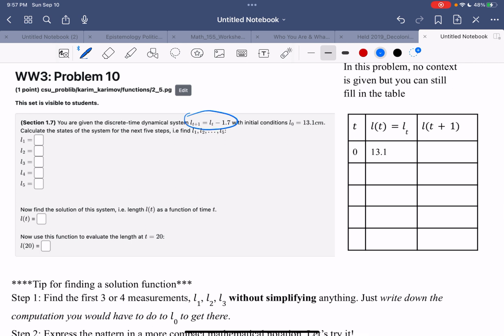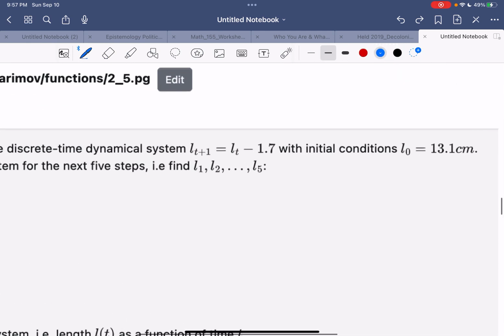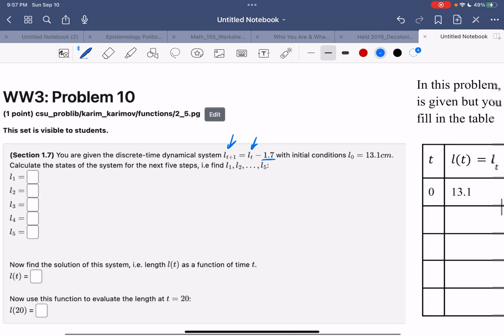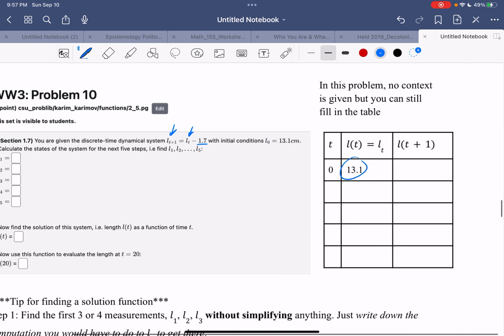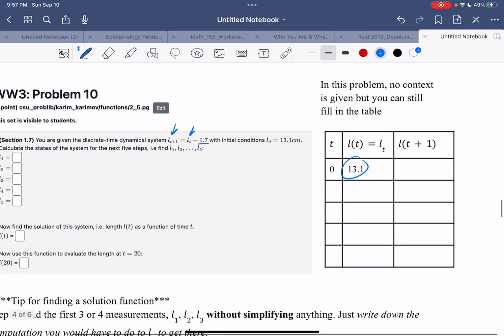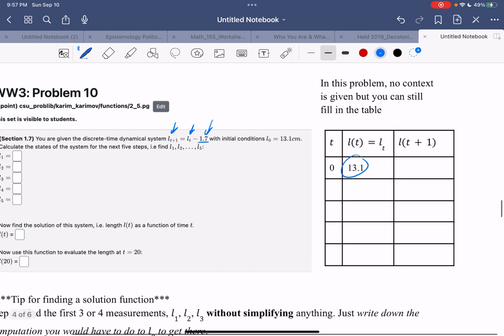Here's our updating function. So we're measuring some length this time. And what's going to happen to the length? In order to get the next one on the list, well, you subtract 1.7. All right, fine. So if we begin with 13.1, let's subtract 1.7. So that'll become 11.4. All right, so what are we looking at?